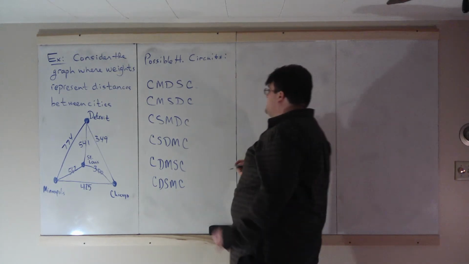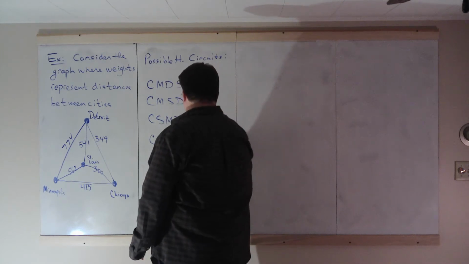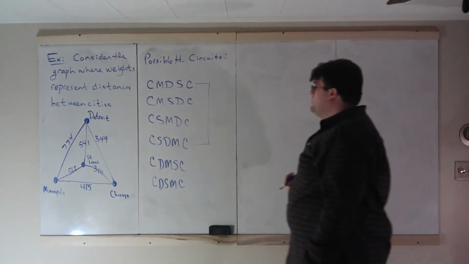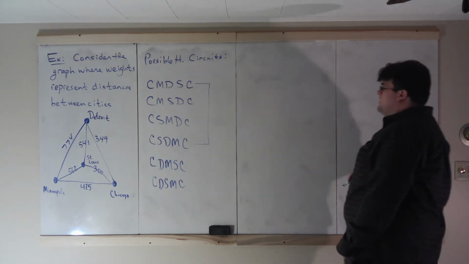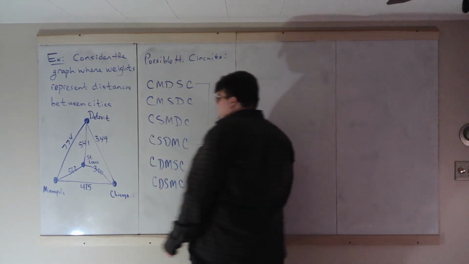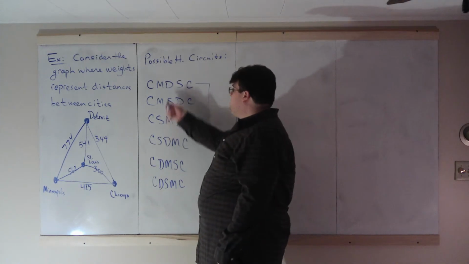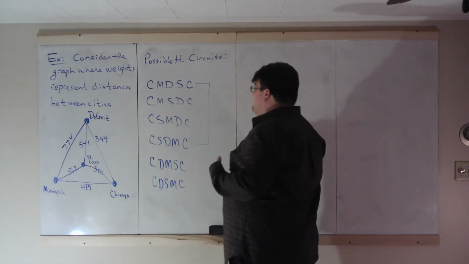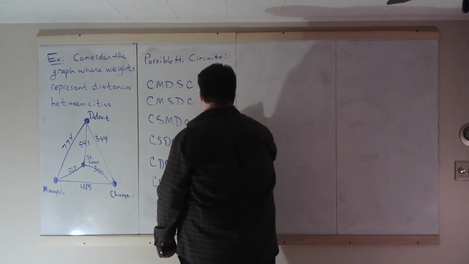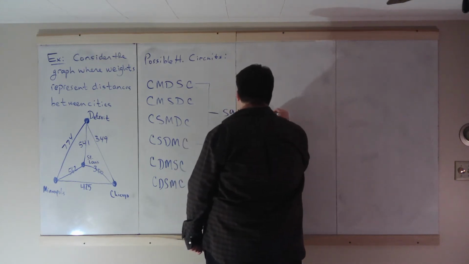Let's look at this one and that one. CMDSC, CSDMC. Well, these are going to give us the same total number of miles because one of them is one path and the other is the same path in reverse. And remember, we're considering them the same Hamiltonian circuit.